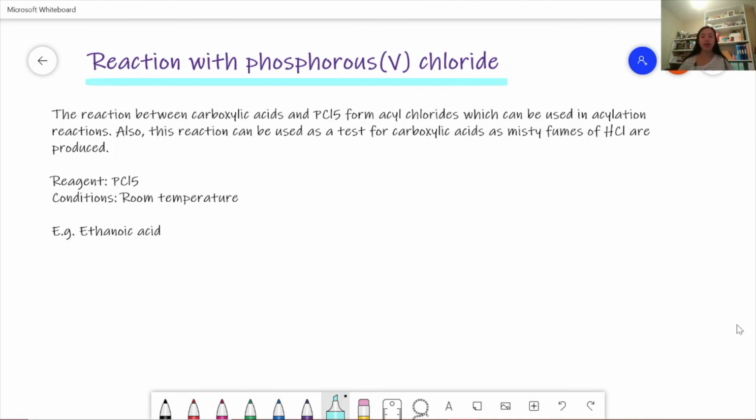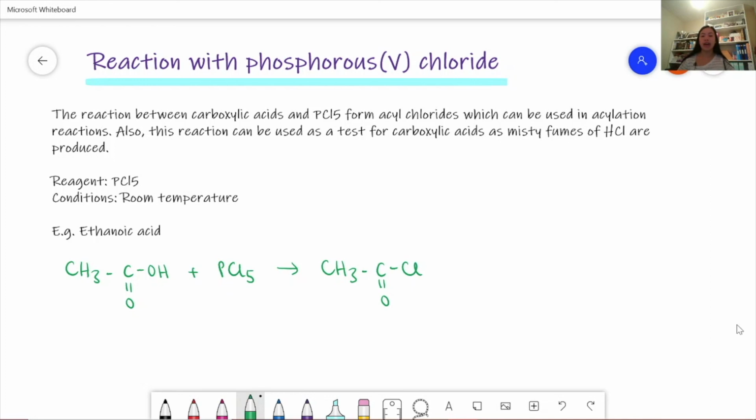We're going to look at ethanoic acid as an example. We have ethanoic acid, which is CH3, C double bond O, and then OH, and we're adding PCl5. We form the acyl chloride, which we call ethanoyl chloride, CH3, C double bond O, Cl.